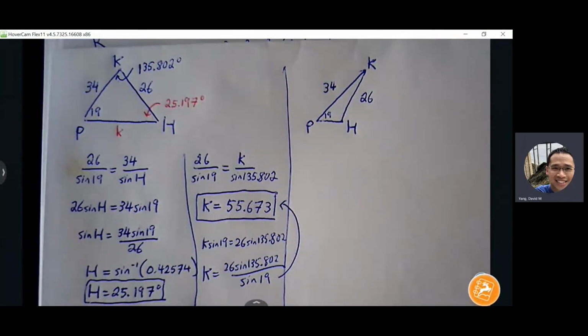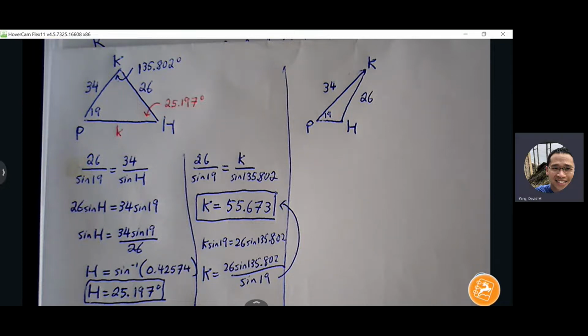Now, H is different, right? But there's a nice clean relationship here. If this is 25.197 here, how can I find this angle H? Subtract from 180. Yeah, okay, so these will always be supplementary.